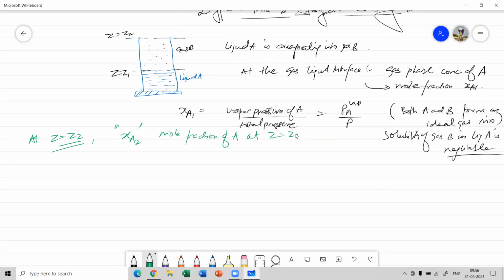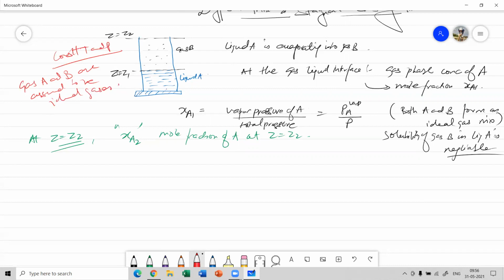The entire system is assumed to be at constant temperature and constant pressure, and both gases A and B are assumed to be ideal gases.